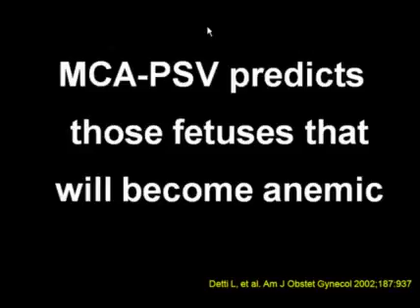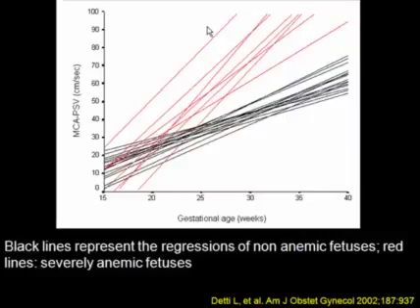We looked at the middle cerebral artery in fetuses at risk for anemia and in fetuses who were not at risk for anemia. We followed these fetuses longitudinally, and here you can see the regression lines of individual non-anemic fetuses, the black lines, and the regression lines of fetuses who became severely anemic.